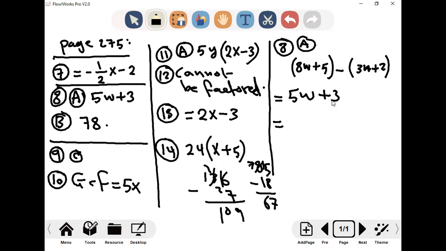Part B, after 15 weeks, how many more retractable leashes has the store sold after 15 weeks. So in W we replace what? 15. But where?